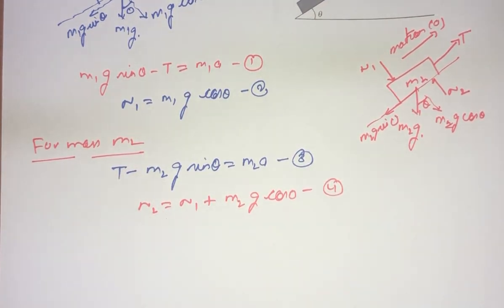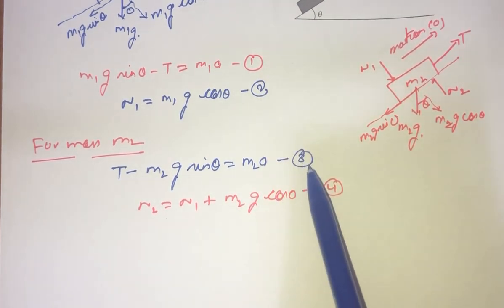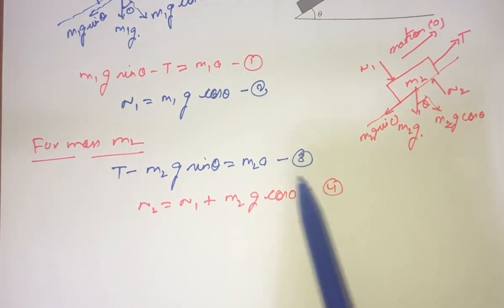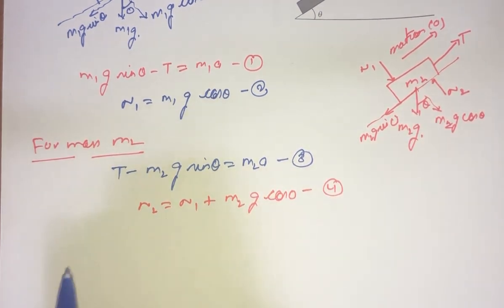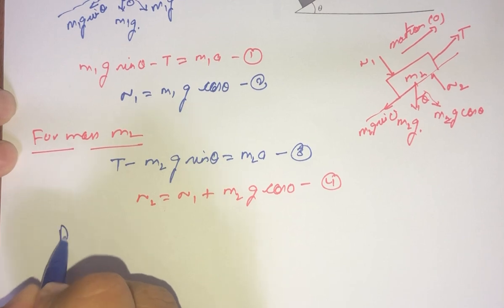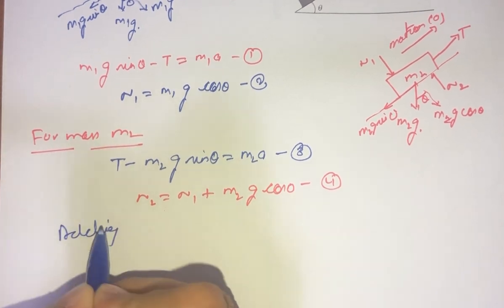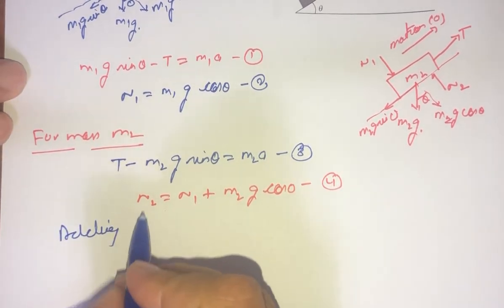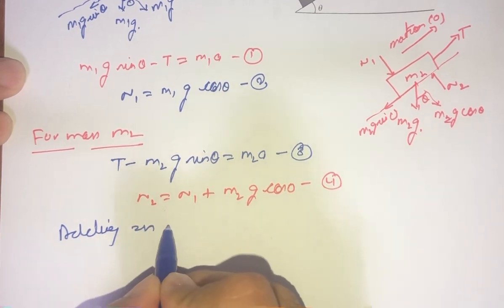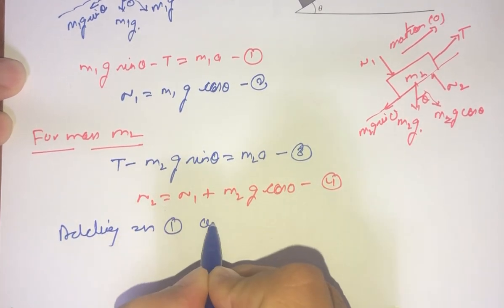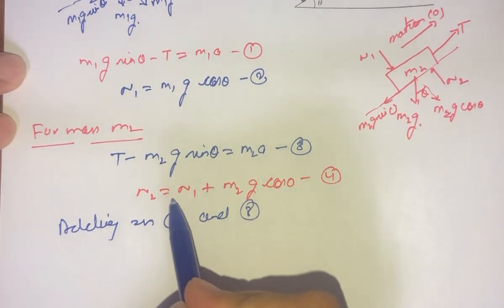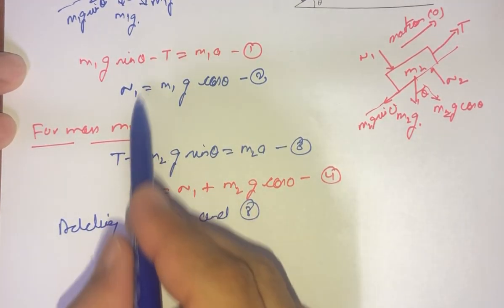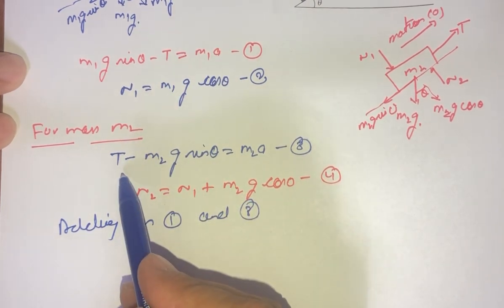First of all, we are going to add equations 1 and 3 because we are interested in finding the acceleration a. If we add 1 and 3, T and T are going to cancel each other.